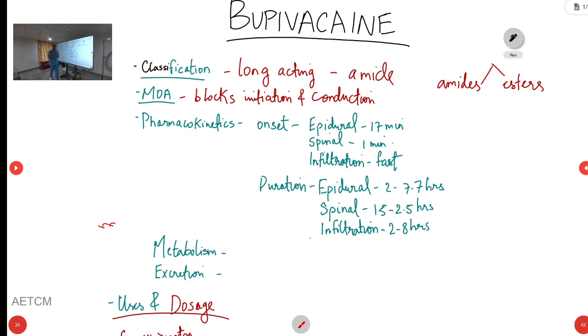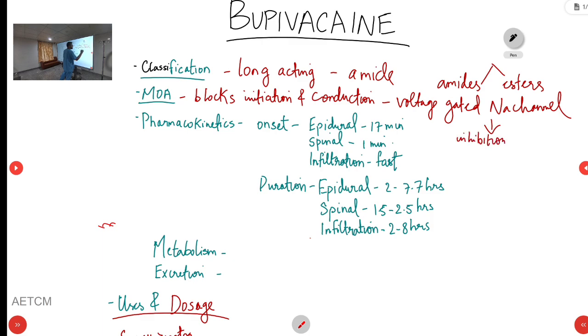There are voltage gated sodium channels in the neuronal membranes. Bupivacaine inhibits the opening of these channels, so the neuronal permeability to sodium ions is blocked. There won't be any sodium influx, so this will cause inhibition of depolarization.